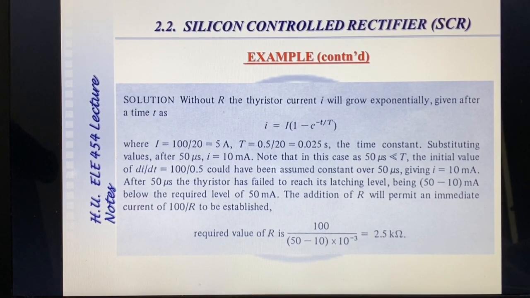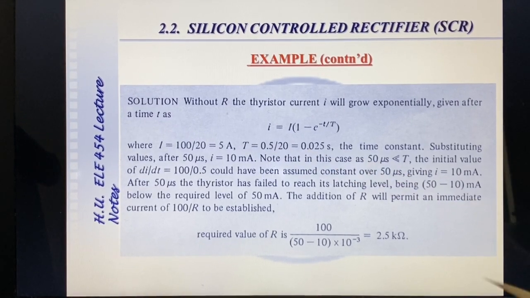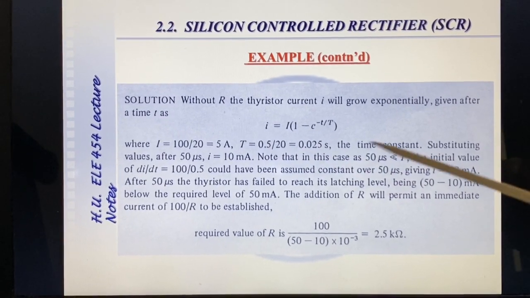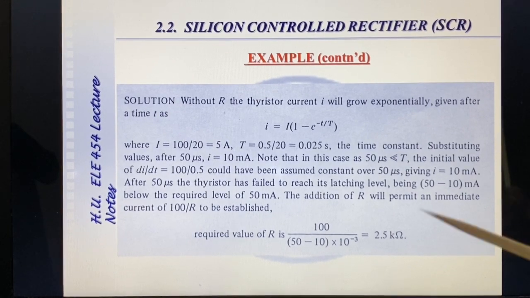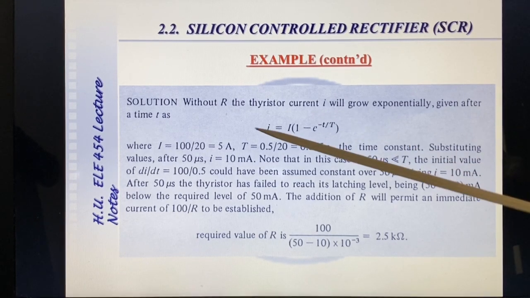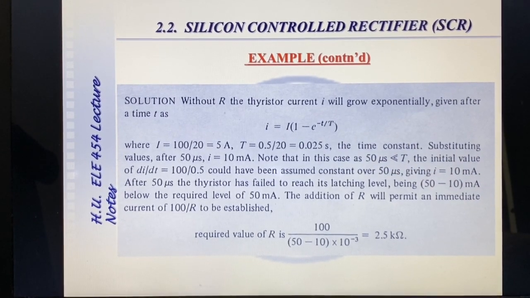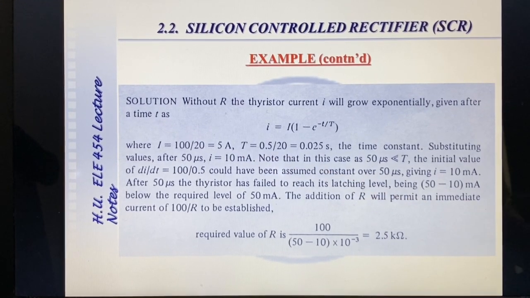At infinite time the current will reach 5 amps, and tau, the L over R time constant, is 25 milliseconds for the load. So substituting 50 microseconds into this equation, you will find i at the end of 50 microseconds, and this is 10 milliamperes.